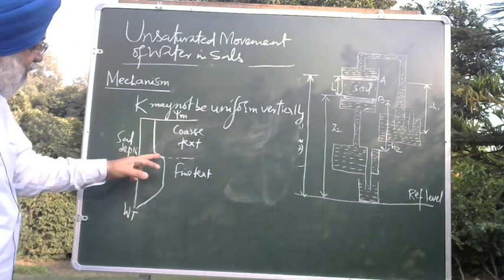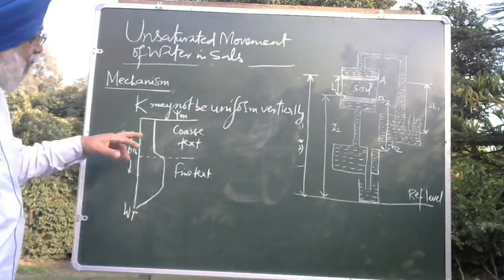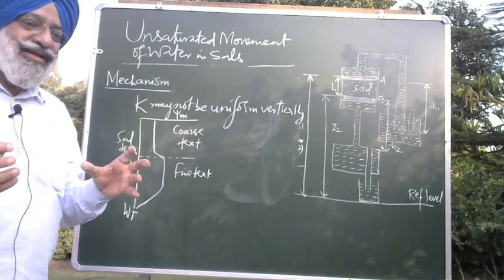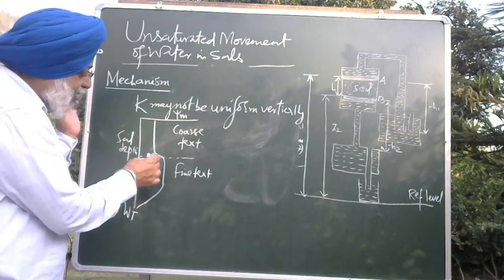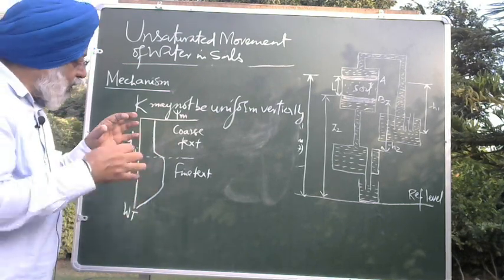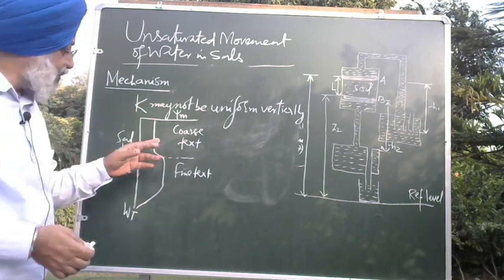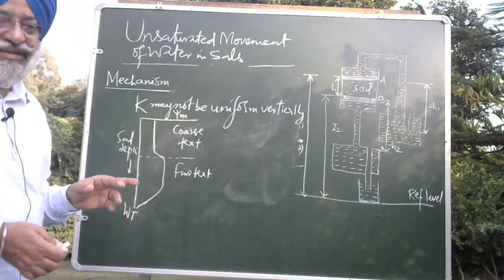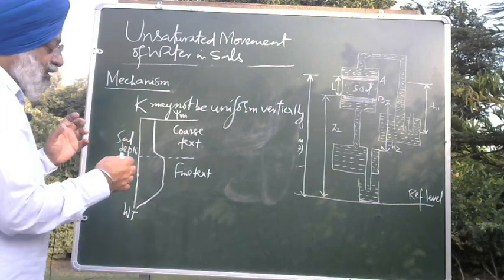So first water will stop over here, and more water will gather over here, because in coarse textured soils the water is not held by a greater force as in fine textured soil. That is why, for the water to enter from coarse texture, that means from macropores into the micropores, the suction has to increase, because in fine textured soil it is held with greater suction, greater tension.